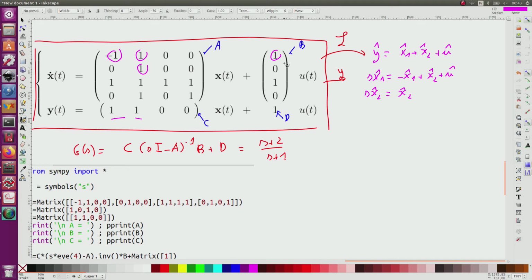And nothing for u. So here I can see that this implies that x hat 2 is equal to 0.